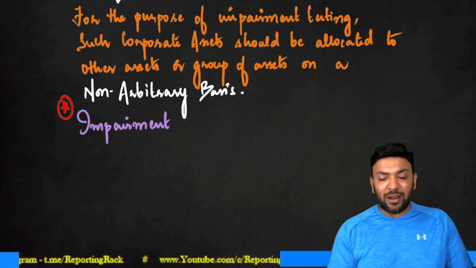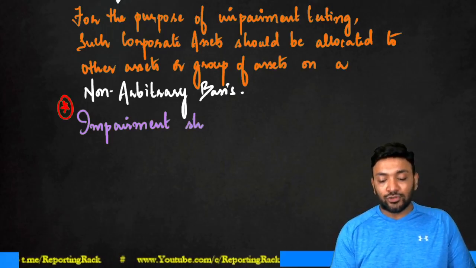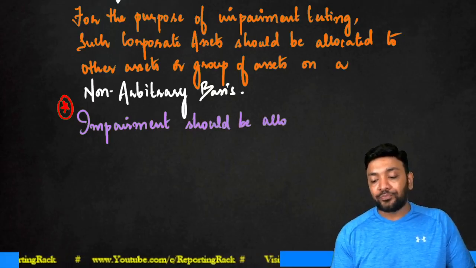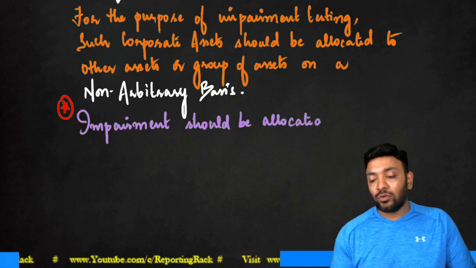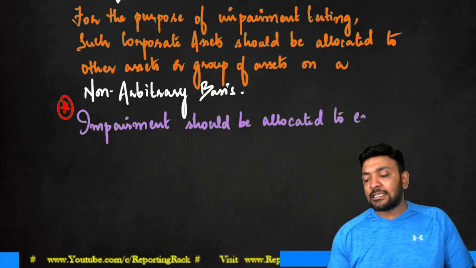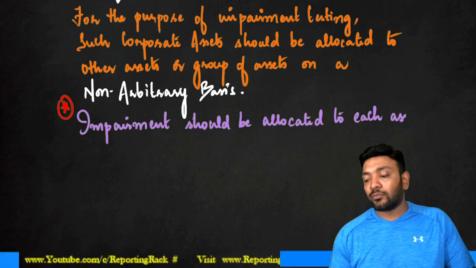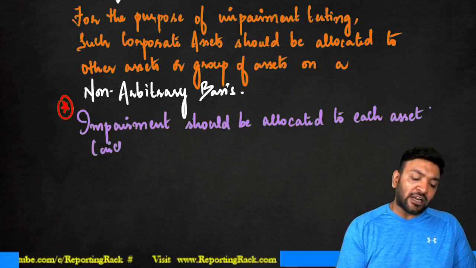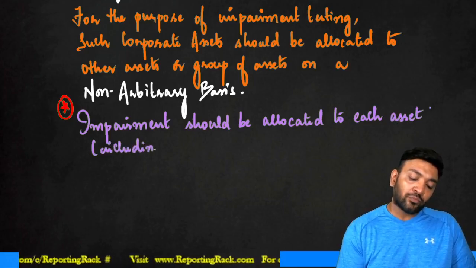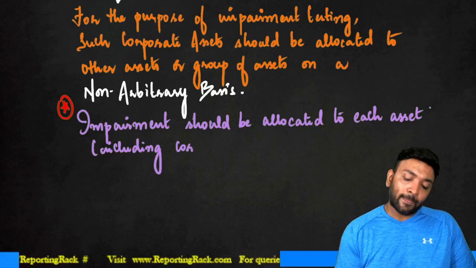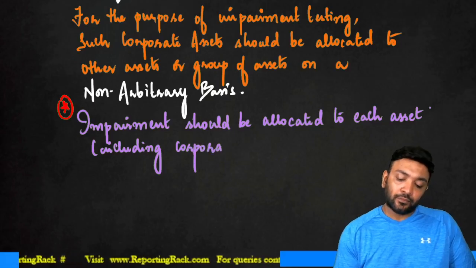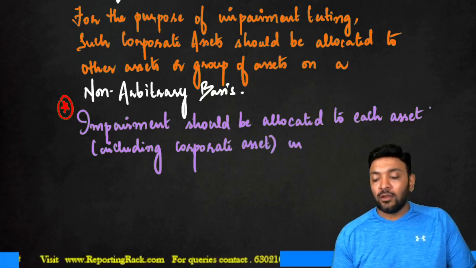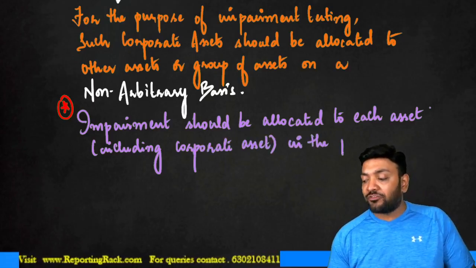Here, the impairment should be allocated to each asset, including corporate assets, in the proportion of their carrying value.